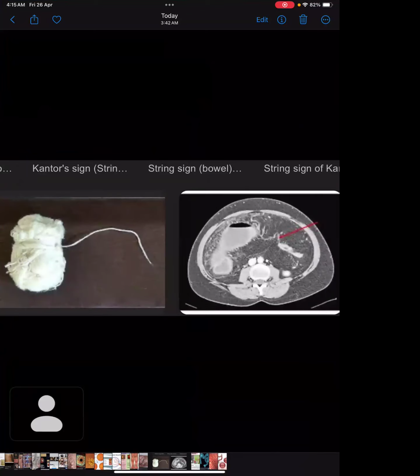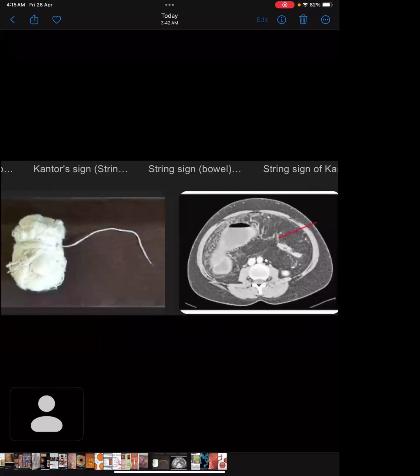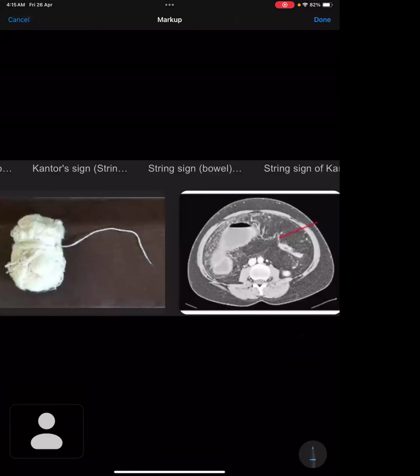The string is coming from here. This is a sign known as the string sign. Look here. This picture and this picture are almost the same, right? This is the string sign that you can get if you are putting that enema inside.